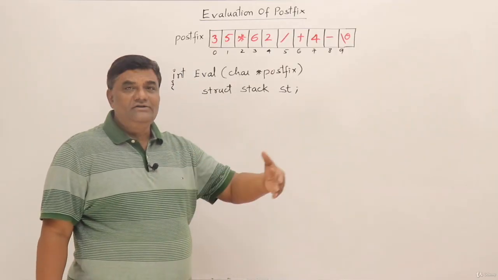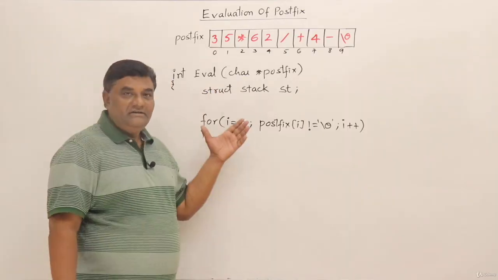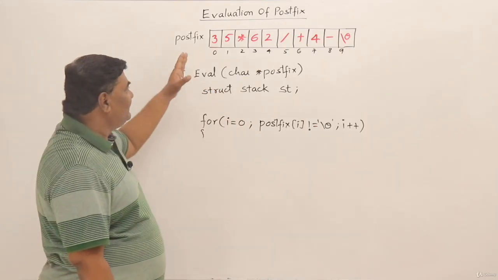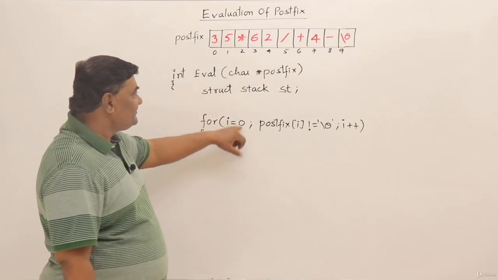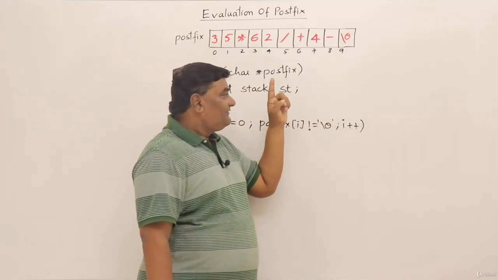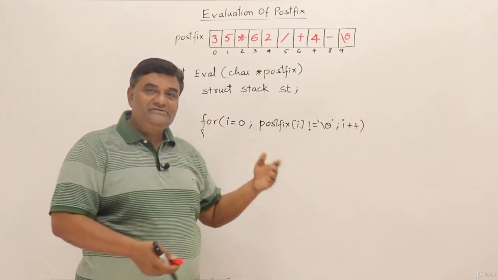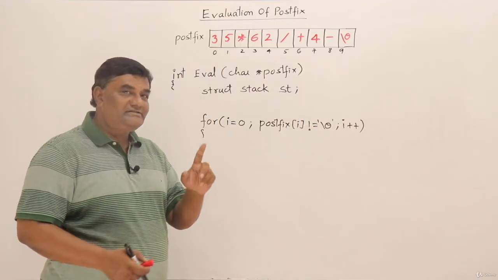I can do this scanning using a for loop. Let us scan the expression. Here this for loop will help us scan this postfix expression starting from 0 and every time moving ahead, and it will stop when it has reached \0. When it is not equal to \0, it will continue. When it is equal to \0, it will stop.